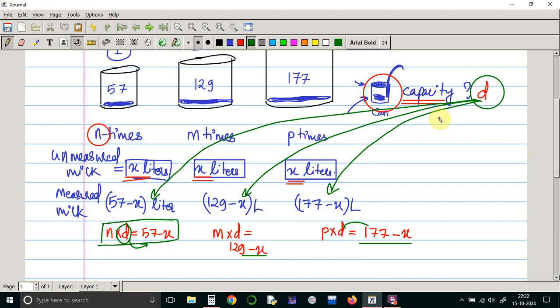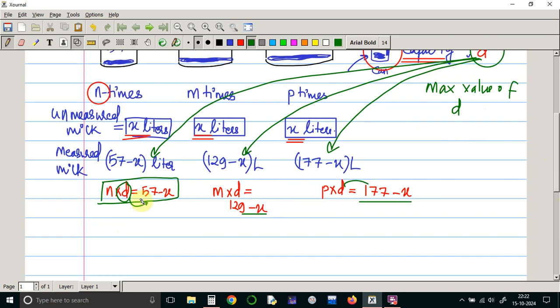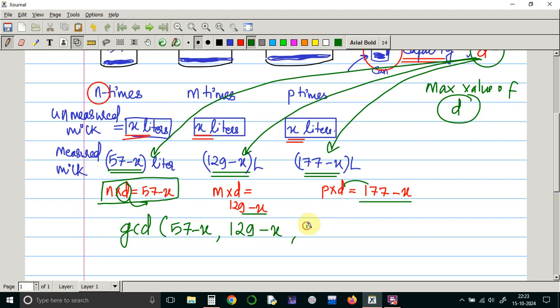Okay, so we want to find what is the maximum value of d. Which means that d divides this number, d divides this number, d divides this number. What is the maximum value of this d? It is the GCD of 57 minus x, 129 minus x, 177 minus x. Oh, by the way, GCD is HCF.